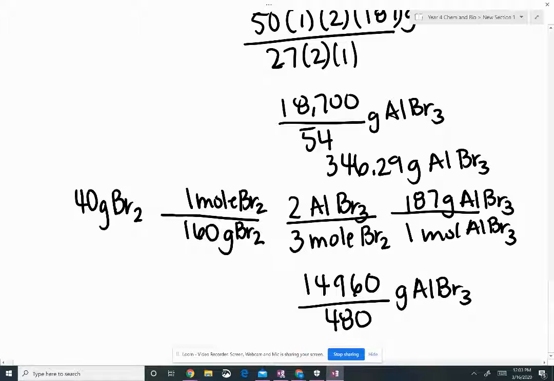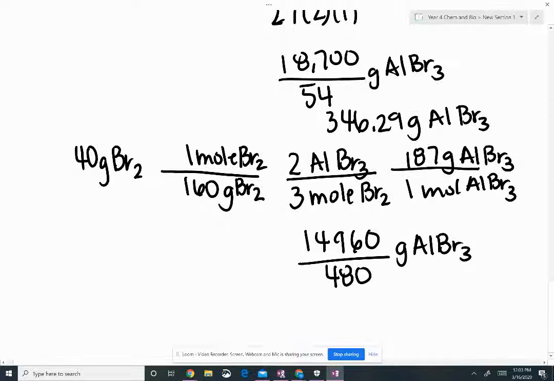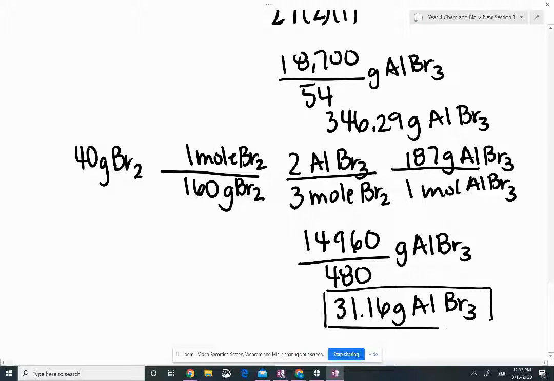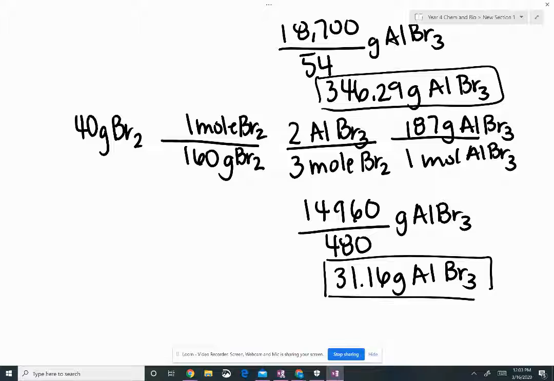So I'm going to divide that: 14960 divided by 480. And I should get 31.16 grams of AlBr3. Right? So then you guys would just compare these answers, and what you would see is that Br2 is your limiting reagent.